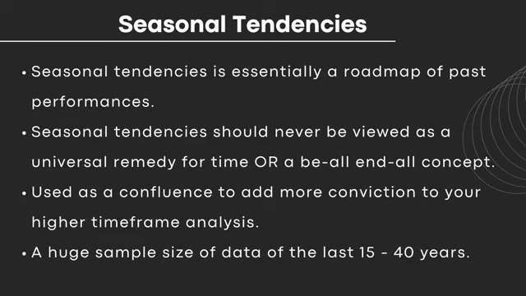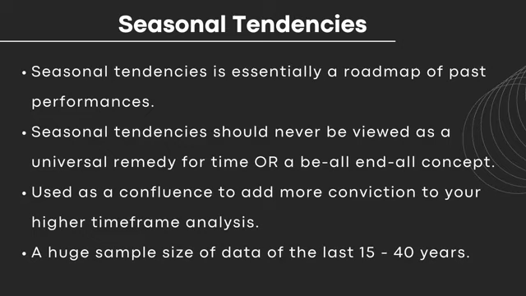In the same manner with seasonal tendency, we've come to know that there are certain times of the year, called seasons, where price follows a specific rhythm or theme, right? Which means that at specific times of the year, price consistently shows that it either forms bearish price action or bullish price action, or it follows a definite trend.